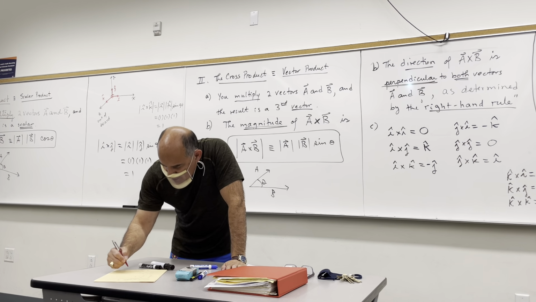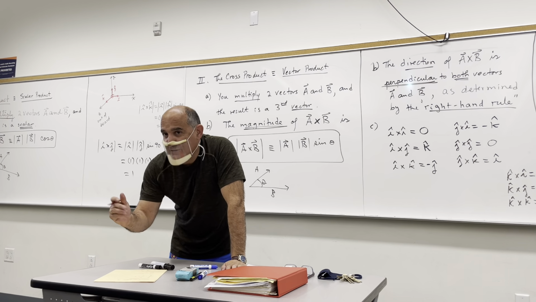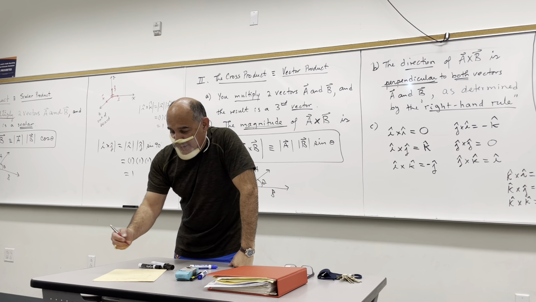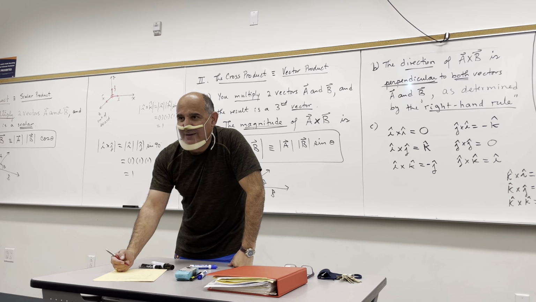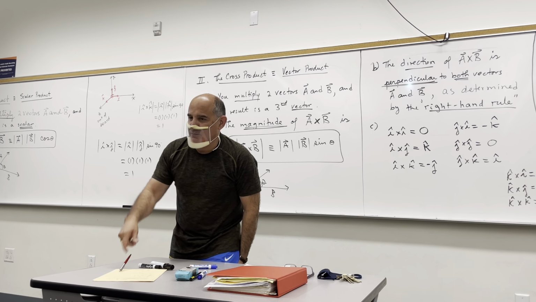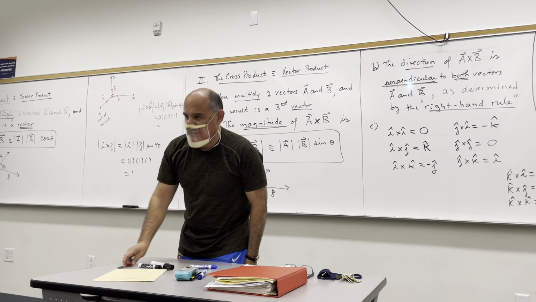So you don't want to let go of the pencil or pen, and you start going like this with your left hand. So if you do a cross product problem in a test and you're right-handed, sit on your left hand while you do that problem. So you put it down and then do the thing if that's what you need to do. If you're left-handed, then you have an advantage.